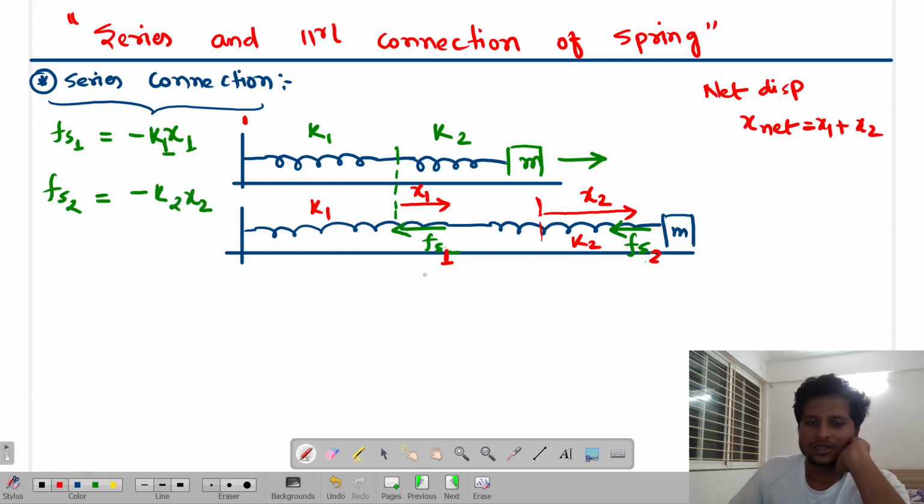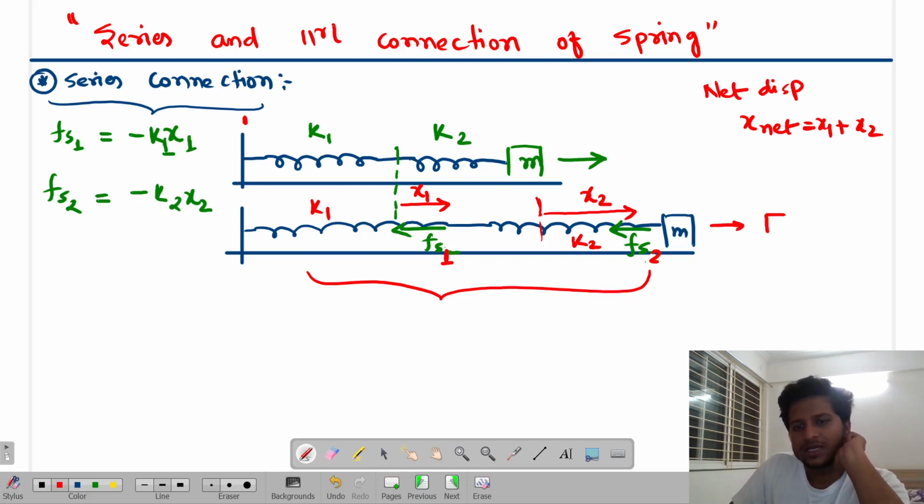If I look at these two springs, the net force will be balanced by my external force F in the case of equilibrium.